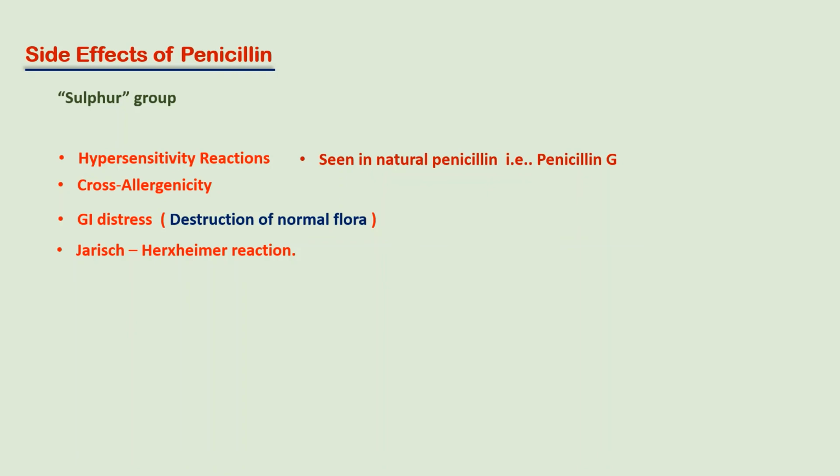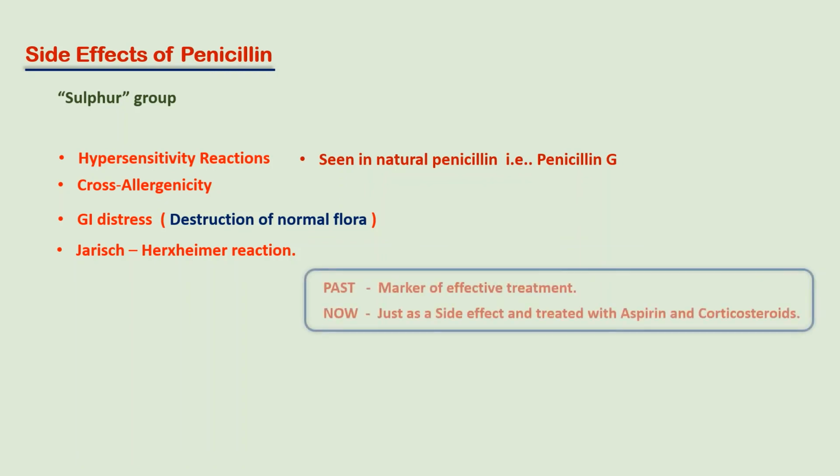When penicillin therapy is started in a syphilis patient, the bacteria start to die and release endotoxins, which cause acute exacerbation of the signs and symptoms of syphilis like fever, chills, myalgia, etc. In the past, this was used as the marker of effective treatment, but now it is just a side effect, and it is treated with aspirin and corticosteroids.